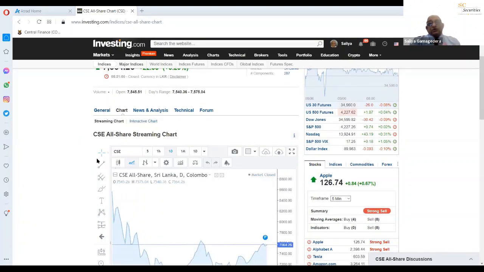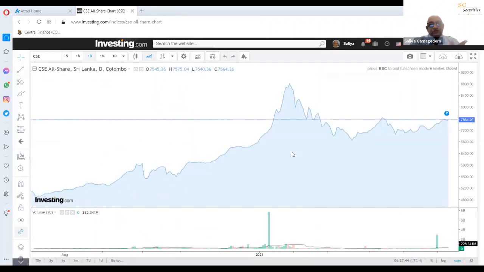In order to get the chart separately, we go to this icon here, which is known as the enlarge icon. You enlarge the chart. Once you are in the chart, this is by default the window that you will get.